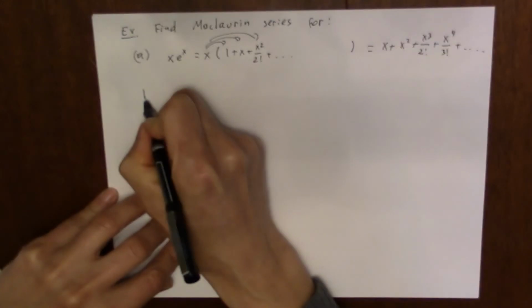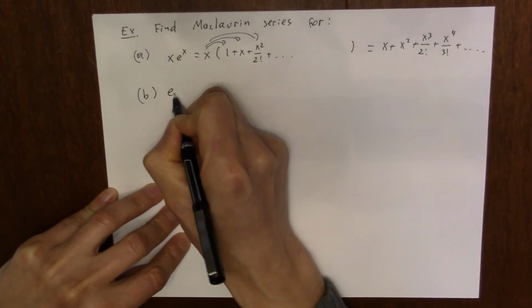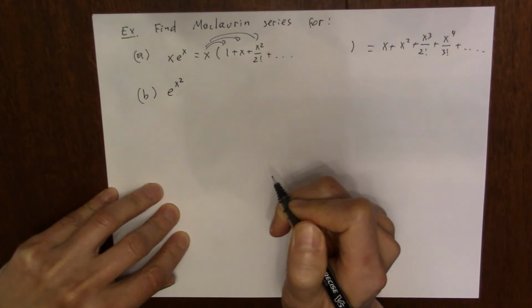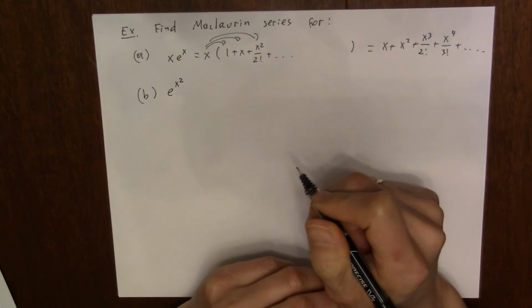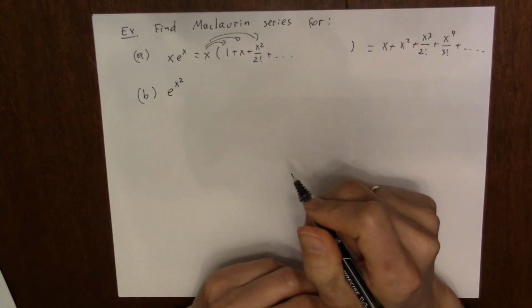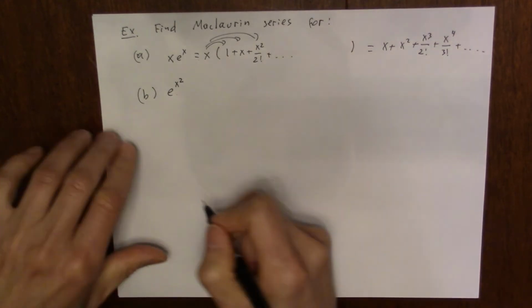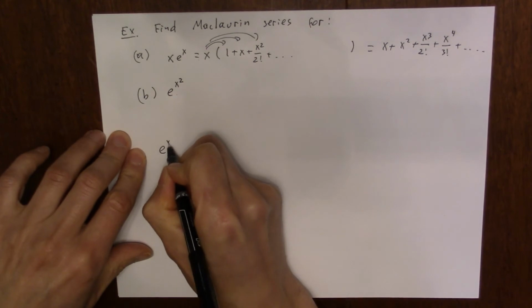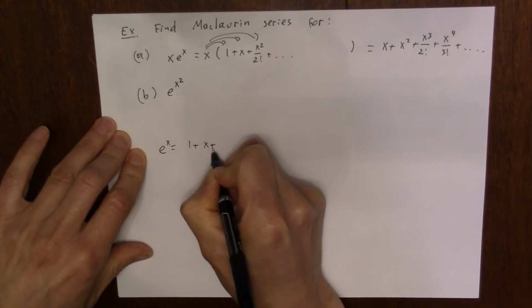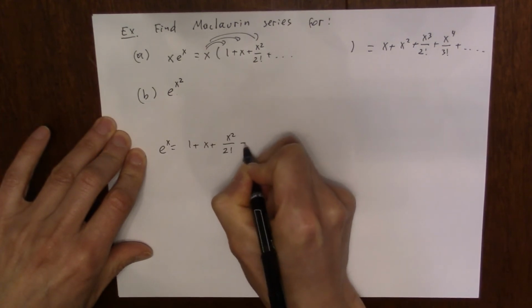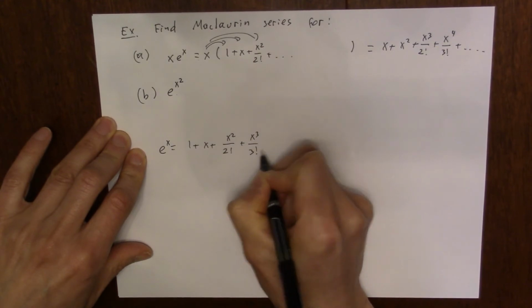If we want to find the Maclaurin series for e to x squared, what we'll do is we're going to write down the Maclaurin series for e to x, or e to the u, and instead of u we're going to write x squared. So recall the Maclaurin series for e to x is 1 plus x plus x squared over 2 factorial plus x cubed over 3 factorial.